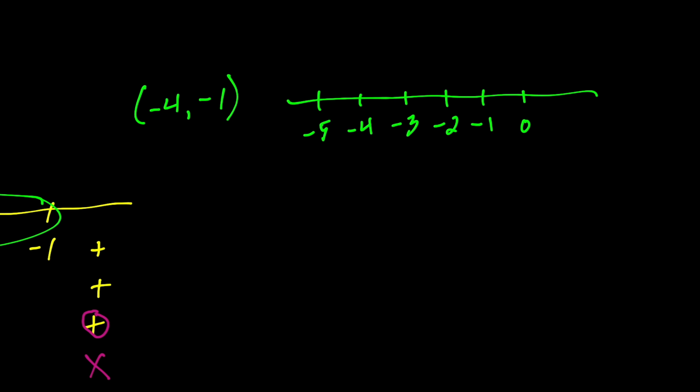Remember, there is no solution that is exactly equal to -4 or -1. So when we graph this, we're going to put an open dot around the -4 and around the -1, and everything in between solves this inequality. So we would shade in between.